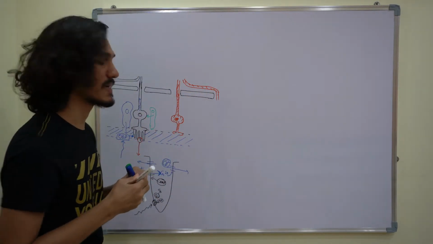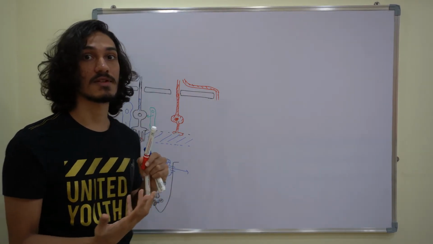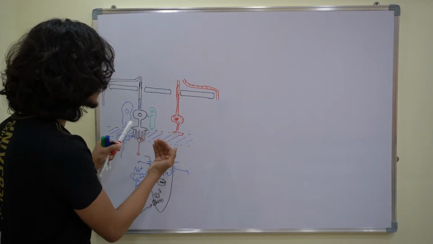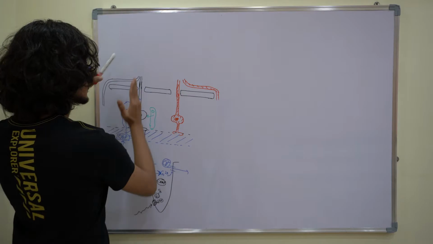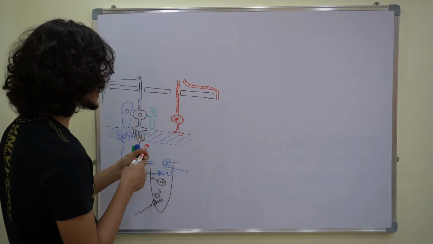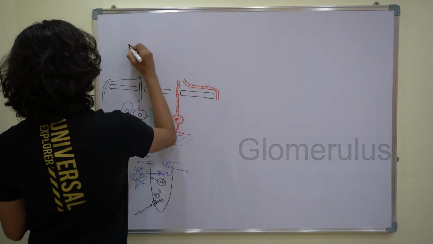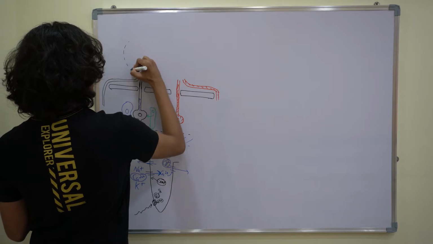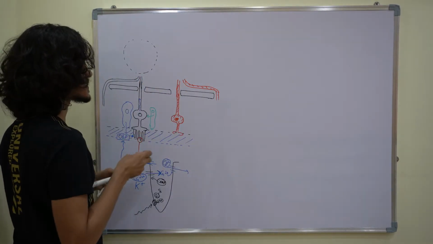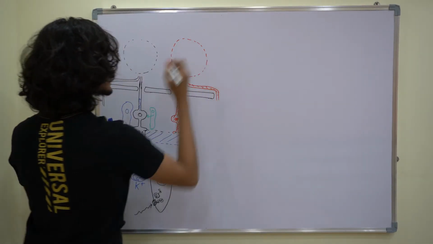I had initially mentioned that there are 400 different types of receptors genetically known, and further on, they are going to combine separately at a different location. That location is called the glomerulus. There is a glomerulus over here, and on this side there is another set of glomerulus. So what is this glomerulus?